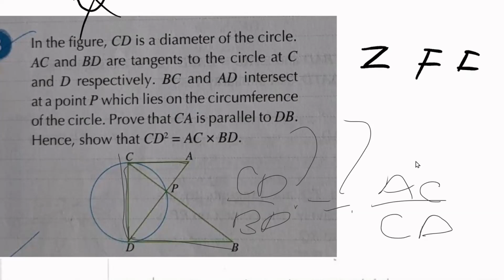Yes, not congruent, similar. Then you highlight. Maybe you use a highlighter: CD, BD, AC, CD. Different color, I think it will help you if it's a different color.